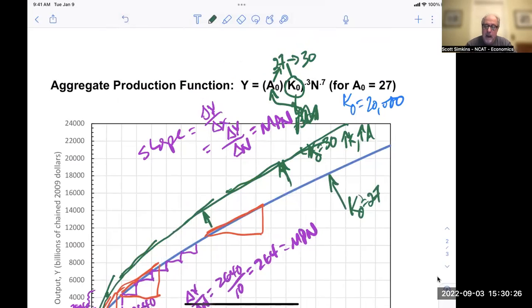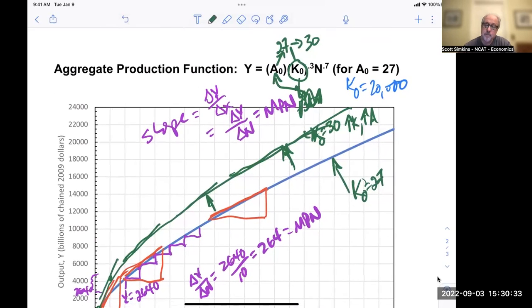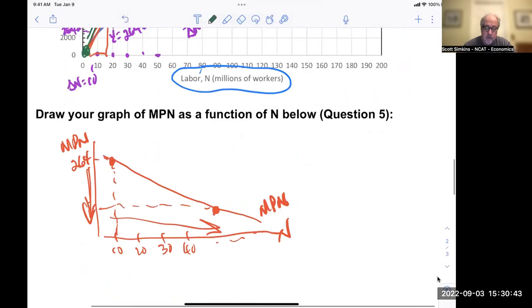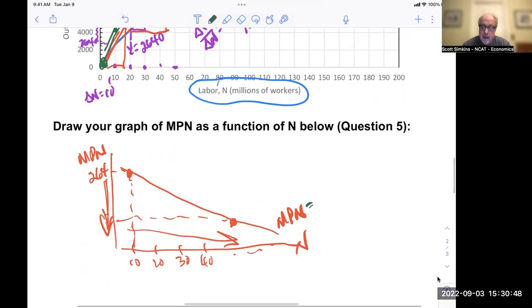When A or K, either one increases, the same thing is going to happen, generally. So A equals 27 versus A equals 30. The slopes are going to be bigger. So this is the marginal product of labor when A equals 27 in that production function.